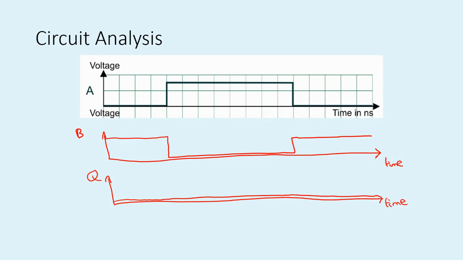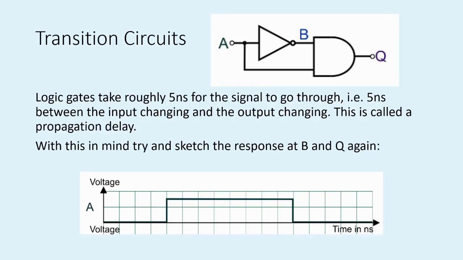Okay. However, the truth is that there will be a propagation delay. There will be time for B to adjust to A reacting. So A starts low, and B is obviously high, and then for a very short amount of time, we're talking nanoseconds, B will not have reacted to A going high.